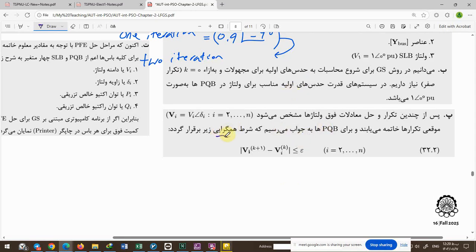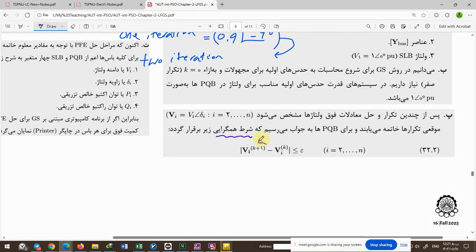The convergence condition is when the new step of finding voltage minus the old step of that parameter is less than epsilon.